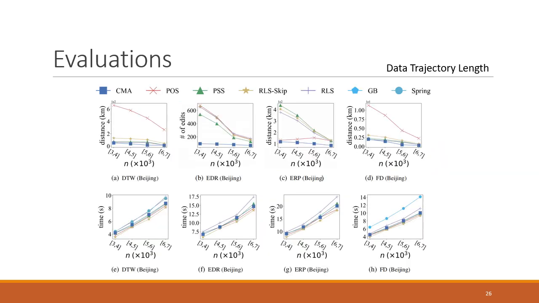The figure shows that the time to find the optimal solutions increases linearly with the length of the data trajectory for all algorithms. We also observe that longer trajectory lengths make it easier for approximation solutions to find better solutions.